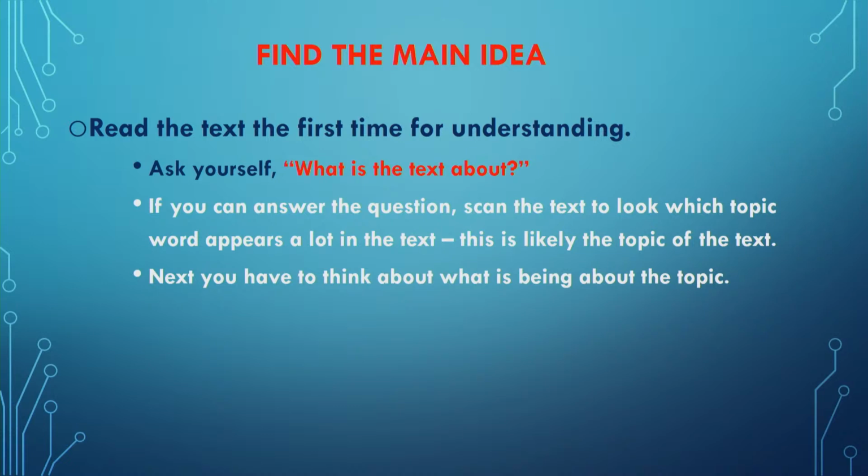Once you found that topic word that appears a lot in the text, it is likely the topic of the text. Next, you have to think about what is the topic about, right?